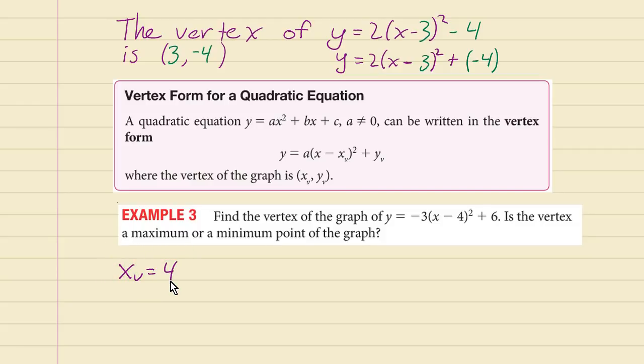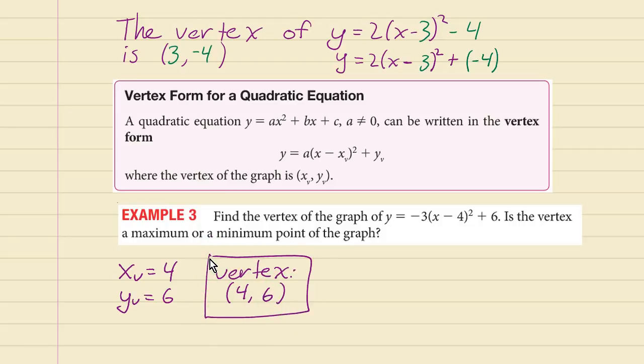And plus 6 means the y sub v is 6. So the vertex is the xy point (4, 6).